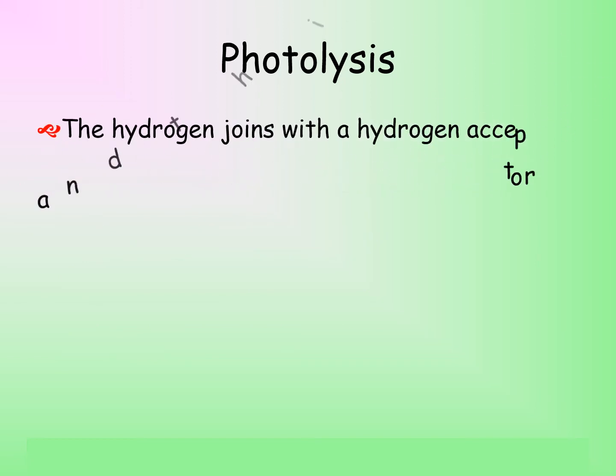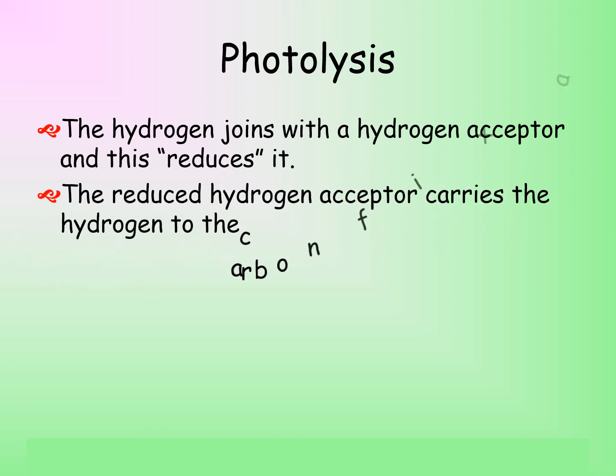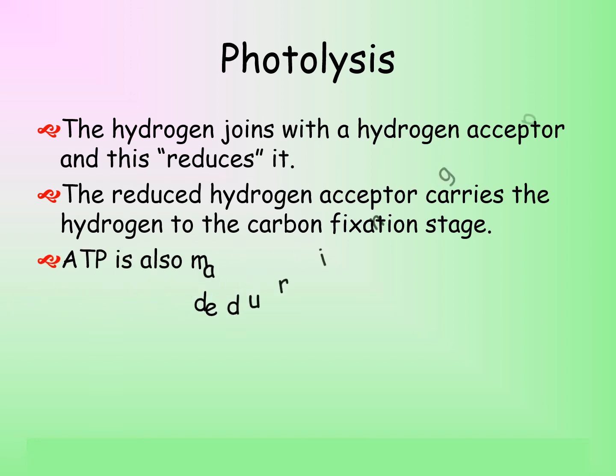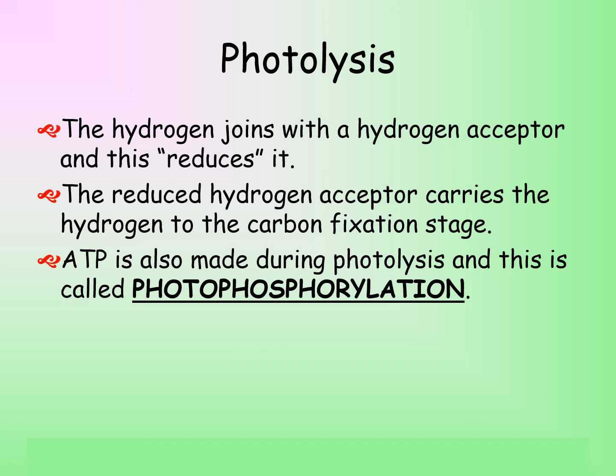So the hydrogen joins with a hydrogen acceptor. And what we say is reduction means you gain a hydrogen. So this acceptor has gained a hydrogen, so it's been reduced, and that's going to carry the hydrogen to the next stage. Now, you'll be familiar with ATP.